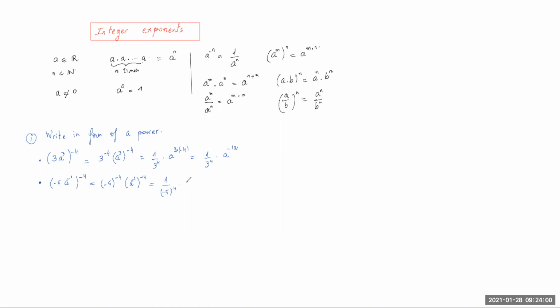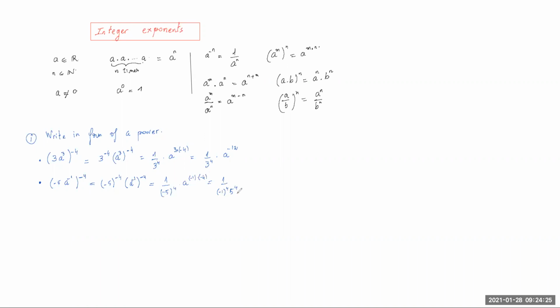And for this one, it's a times minus 1 power times minus 4, which gives me then here 1. Here I can also separate minus 5, I can see it is minus 1 times 5. So you will see it is helpful to eliminate this minus 1.